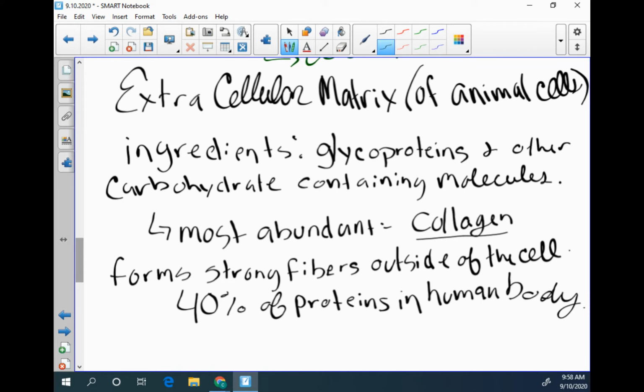So if we sucked out all of the proteins that existed in our bodies, all the enzymes that catalyze reactions, all of our structural proteins, all of our transport proteins, 40% of those proteins would be collagen, because it is a vast network of fibers of proteins that connect all of our cells. It's everywhere.